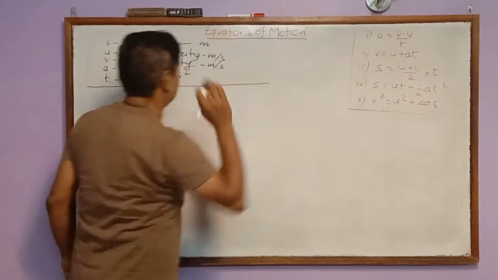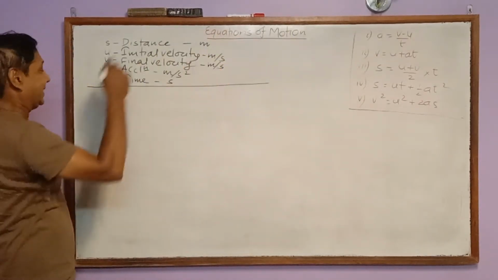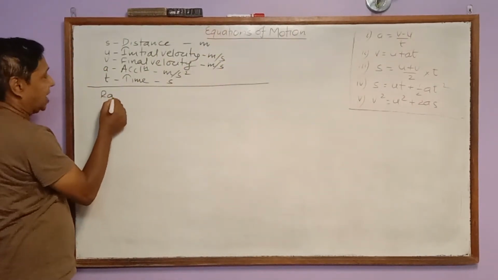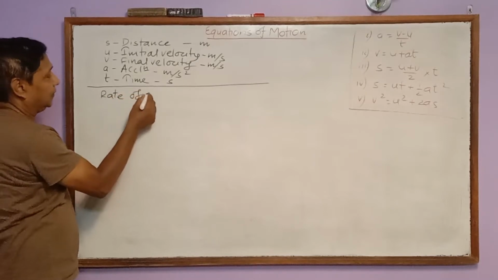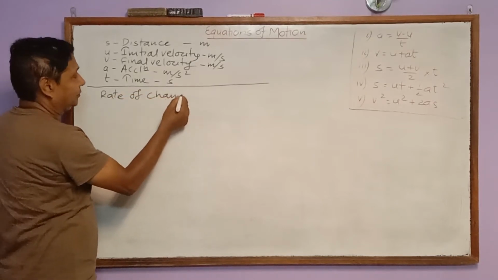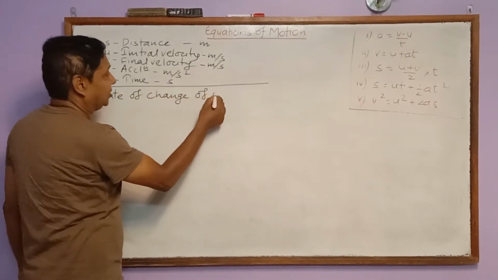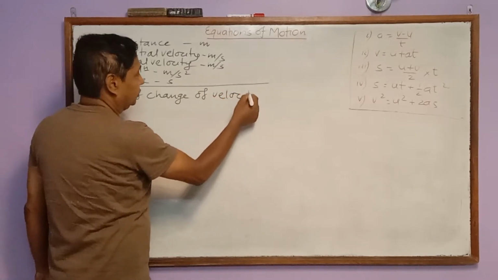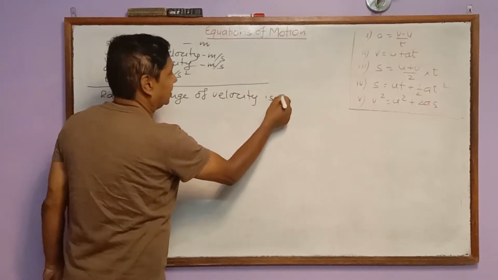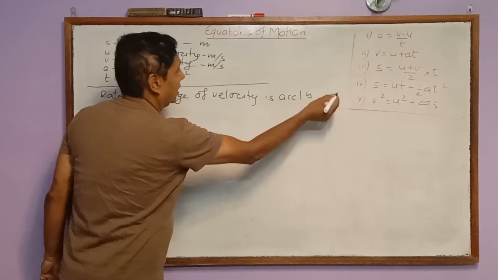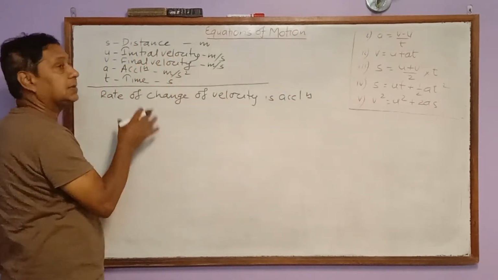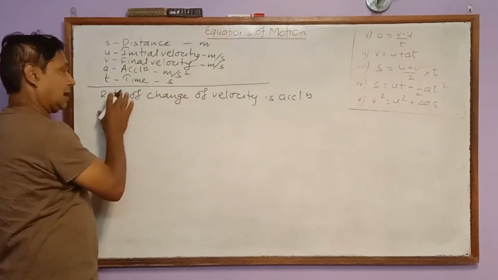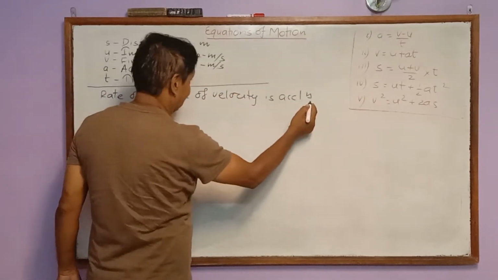Let's talk about the first one. Rate of change of velocity is acceleration. The first equation comes from this definition. The rate of change of velocity is called acceleration.